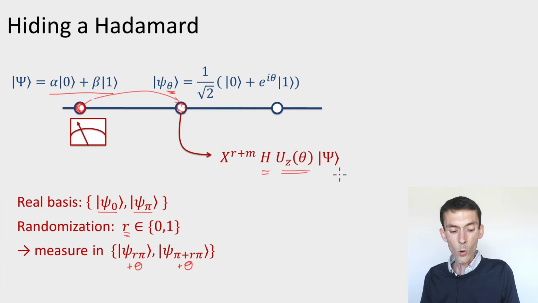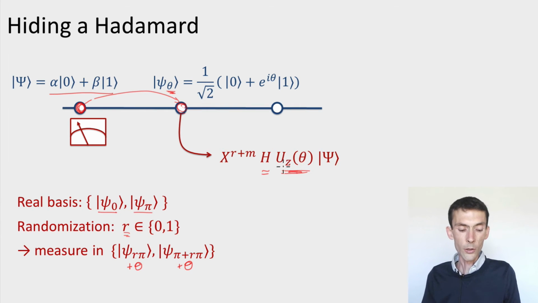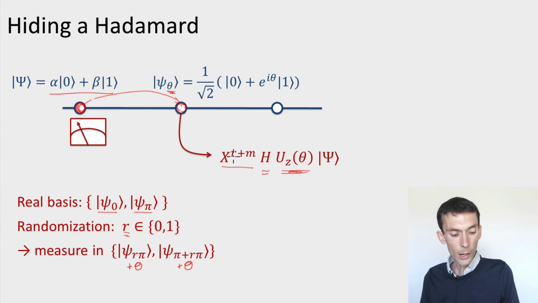If psi is in the 1 state, then a phase of e to the i theta is applied. So this is what this gate uz of theta does. And after the Hadamard is a Pauli X correction, which depends on the random bit r that the verifier made, and m, the outcome of the measurement performed by the prover. So m is 0 if the prover reported this outcome, and m is 1 if the prover reported that outcome.